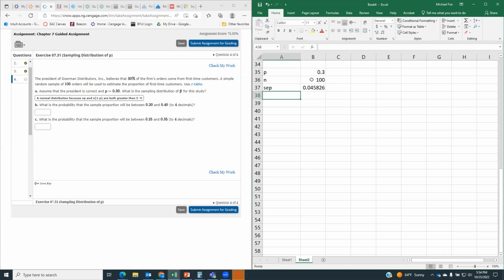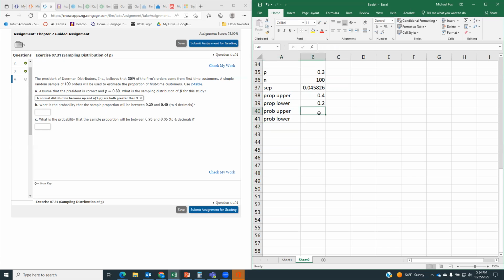So again, I'm going to have my proportion upper as 0.4, and my proportion lower is 0.2. And then the probability of that upper figure of 0.4 and the probability of that lower figure, 0.2.